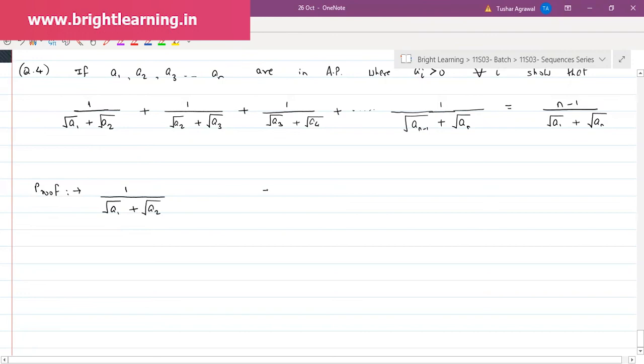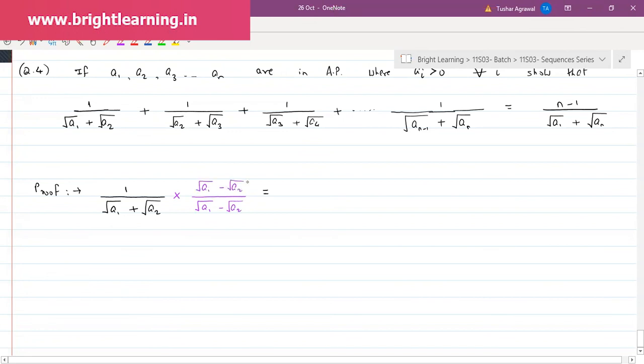You should realize that these are consecutive terms: a1 a2, a2 a3, a3 a4. Since they are consecutive terms, that difference is a constant. So let me multiply it by under root a1 minus under root a2 first, numerator and denominator both.